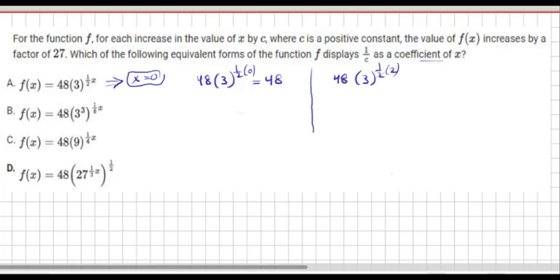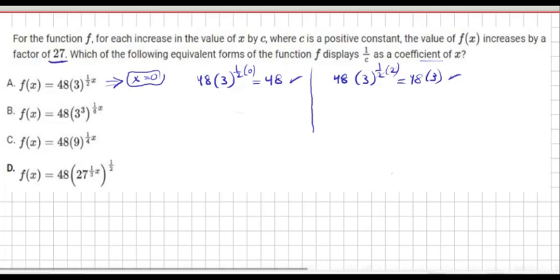So 3 to the power of 1 is equal to 3, and 48 multiplied by 3. Look at this and look at this. This is 48 and this is 48 multiplied by 3. It's not multiplied by 27. We are looking for multiplying by 27. That's the idea of this question. So the answer is letter B, and I will show you this later at the last step.